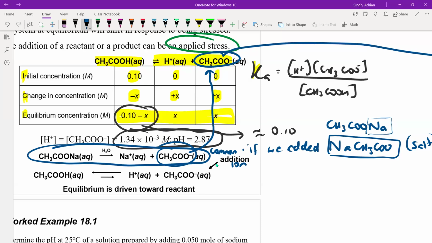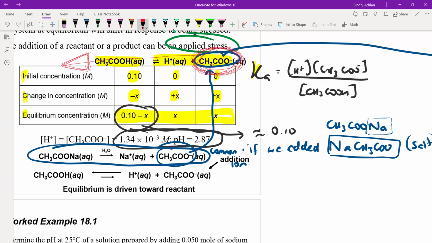So what that means is if we're now adding some of the stuff on the right side, so we're adding products, something to the right, this then, according to Le Chatelier's principle, will drive this equilibrium to the left, right? So it forces the equilibrium to the left side to use up some of that added acetate ion.